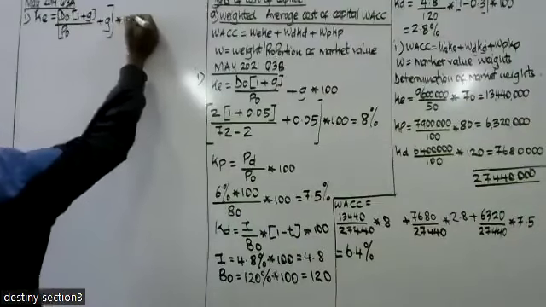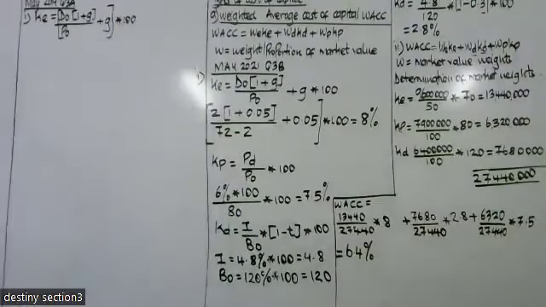You know why? They said there is a new jargon I told you to read. Here they say the firm adopts a 60% dividend payout ratio.